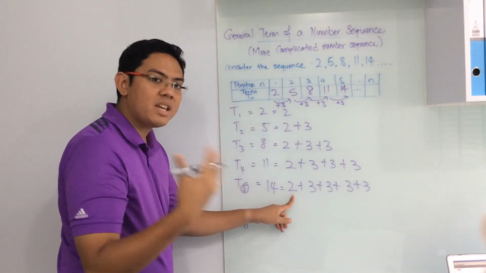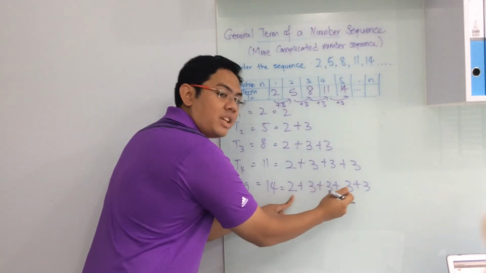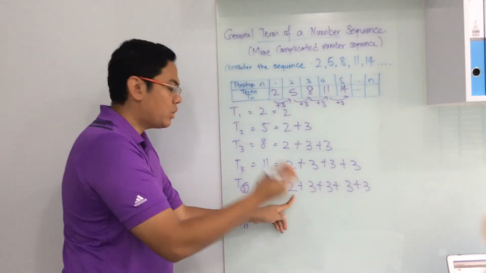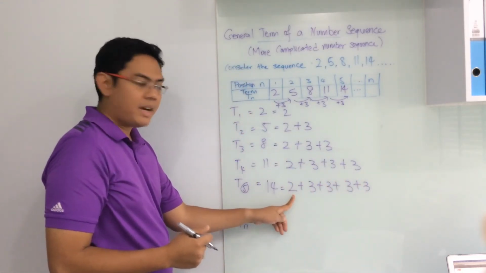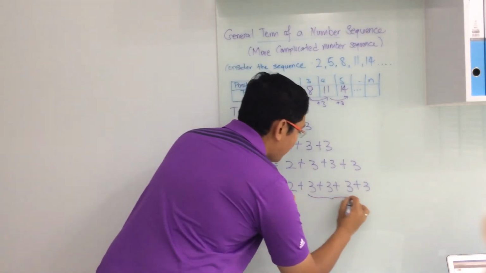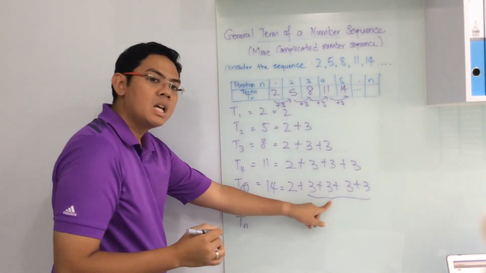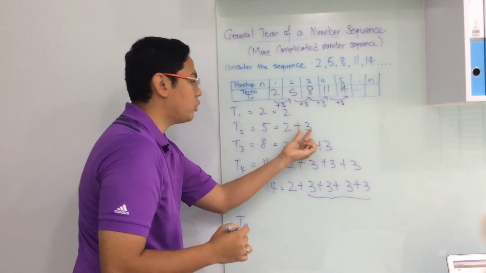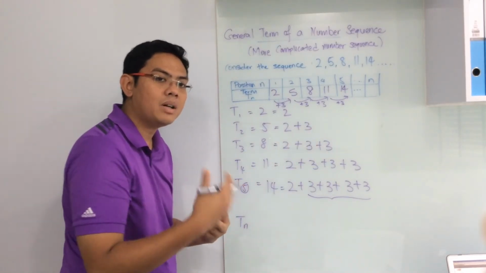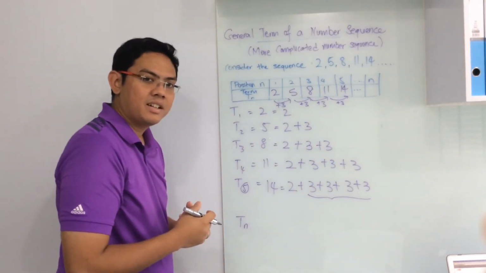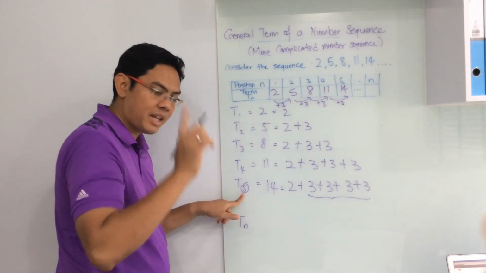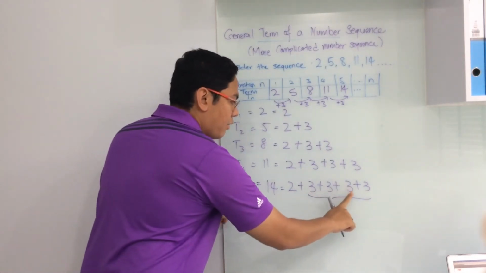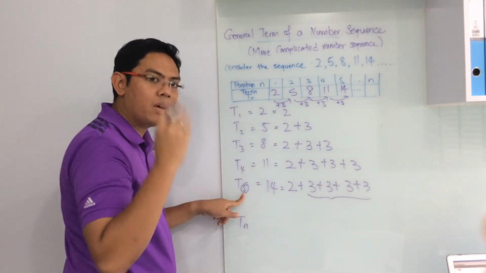The only thing that changes is the number of 3's that are added to the first term. So how can we summarize, to write in general terms, the number of 3's from number 5? Take a look. There are four 3's.